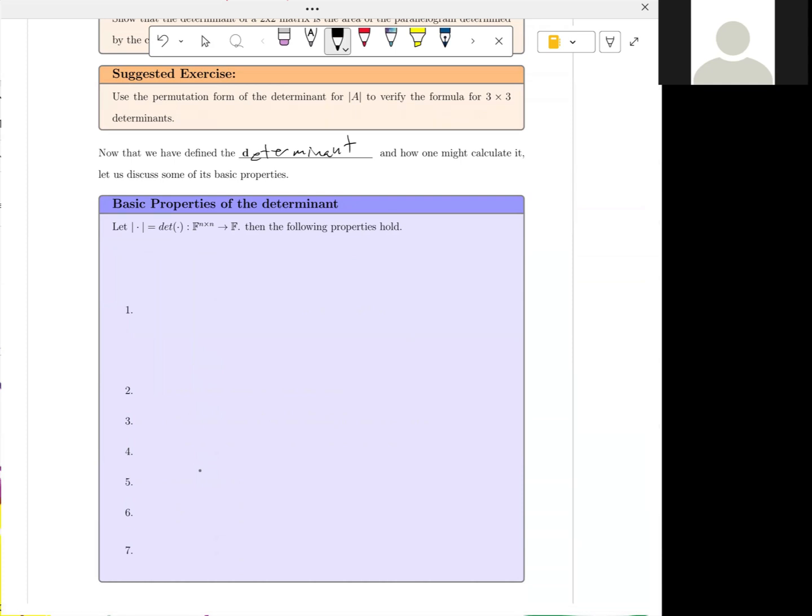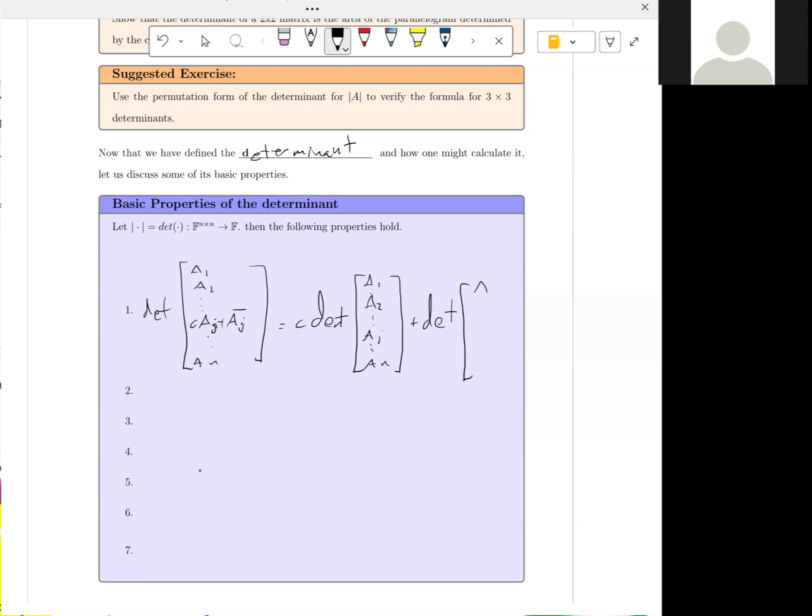What this means is that the determinant of A1, A2, up to c A_j plus A_j hat, to A_n equals c times the determinant of A1, A2, up to A_j, up to A_n, plus the determinant of A1, A2, up to A_j hat, to A_n.